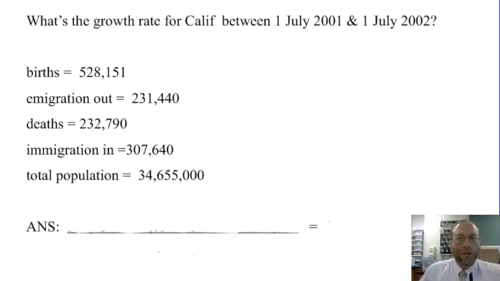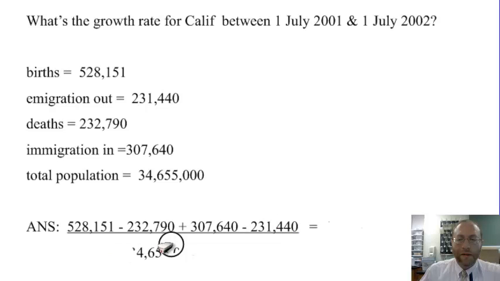And over here I have a sample that's worked out, and to get the answer for that, you just simply plug the answers in. And here we have the birth rate minus the death rate plus the immigrants minus the emigrants divided by the total population. And there's our answer.